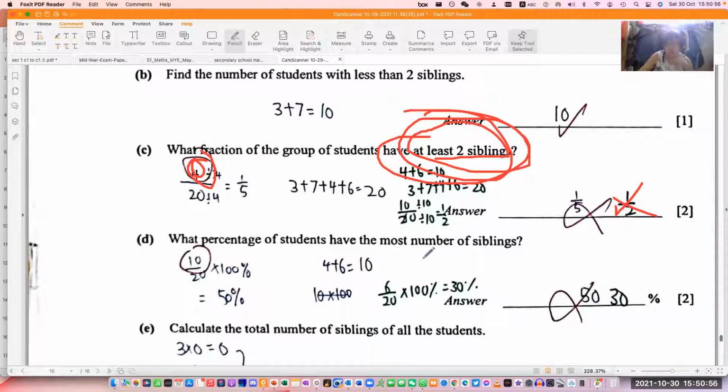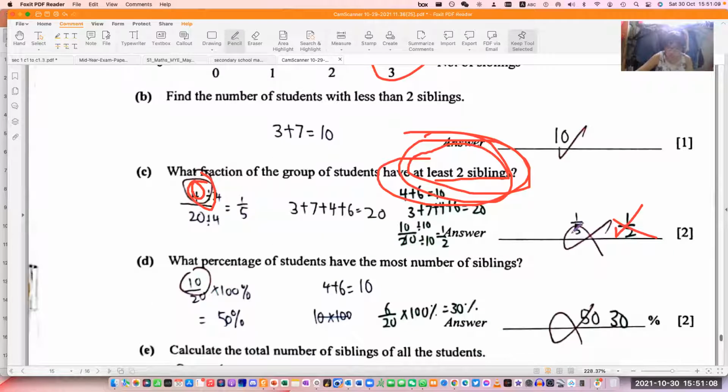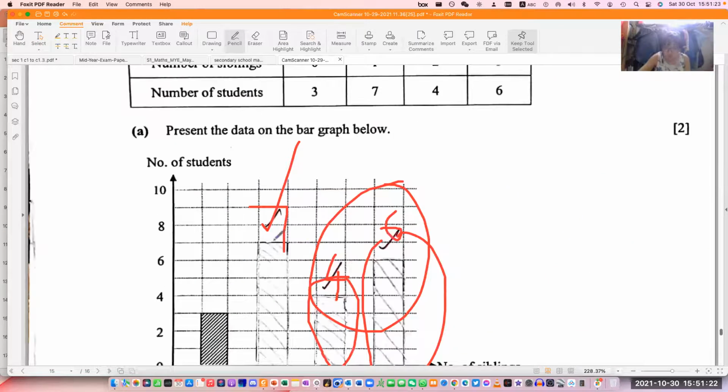Similarly, most number of siblings. Which one is the most here? This one, right? 7, right? This is 7 or 6?